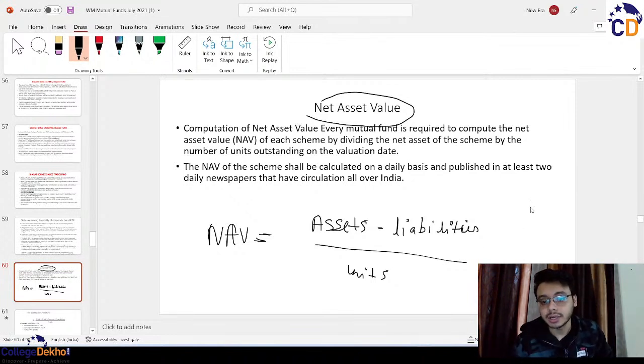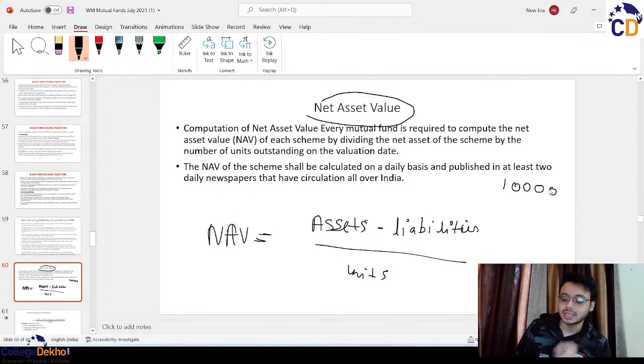For example, if you are investing in an index fund and the value of the Nifty is 10,000 rupees. Just assume that the value of the Nifty is 10,000 rupees, for the sake of simplicity of the calculation, though I do not hope that the value of the Nifty comes down.